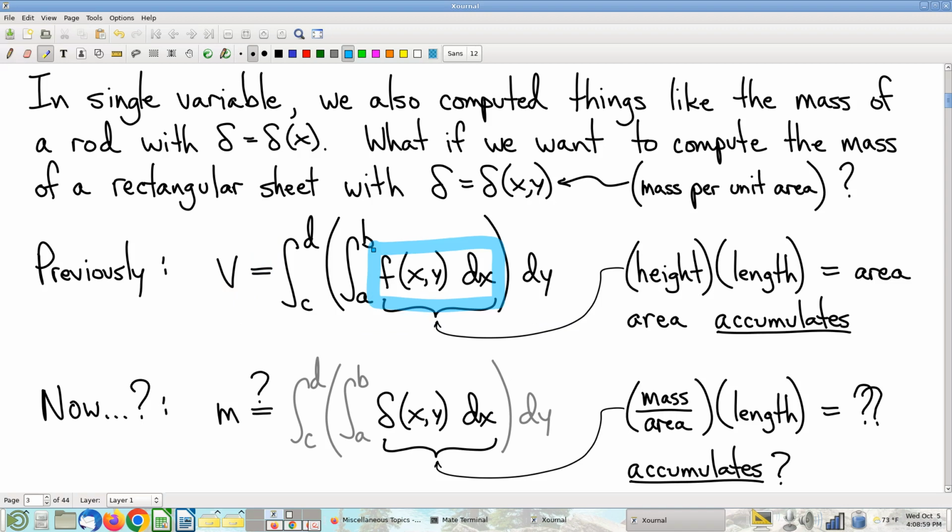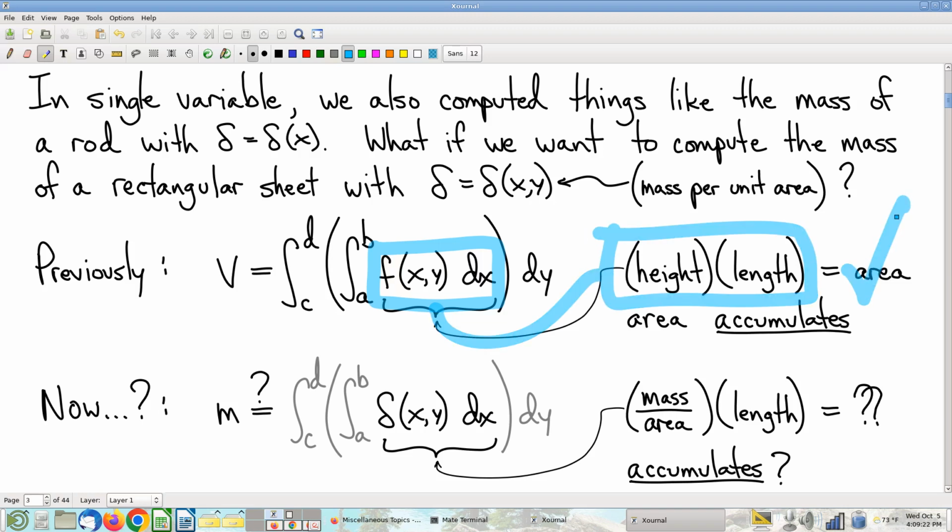Why did we multiply f of x, comma y times dx? Well, it's because we were trying to compute a cross-sectional area. We took that area, we chopped it up into little slices of area, and this represents a single little slice of area of our cross-section. And height times length gives me area.